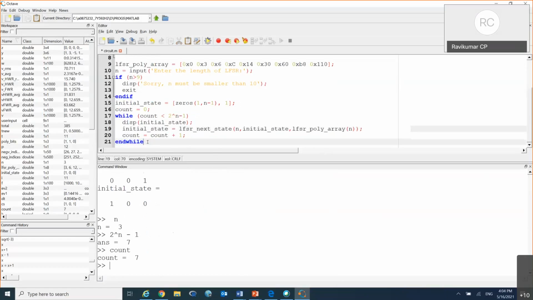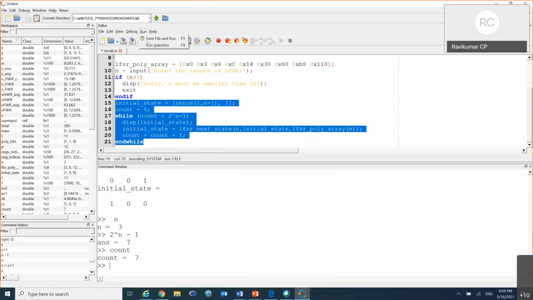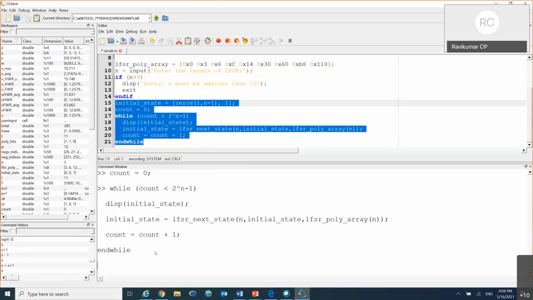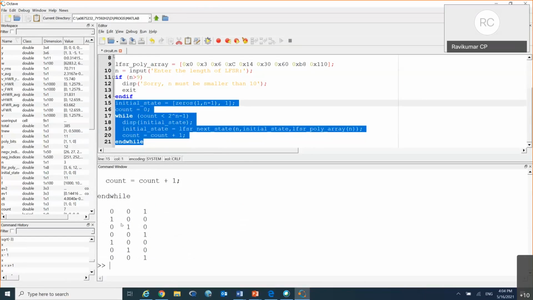Let me do it again. So 0, 0, 1, then 1, 0, 0. So these two bits have been shifted here, and the XOR of these two has come here. These two have shifted here, and the XOR of these two has come.